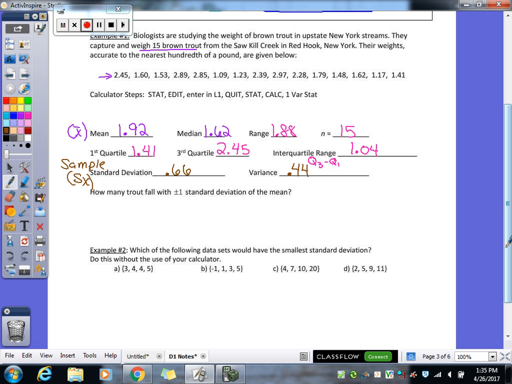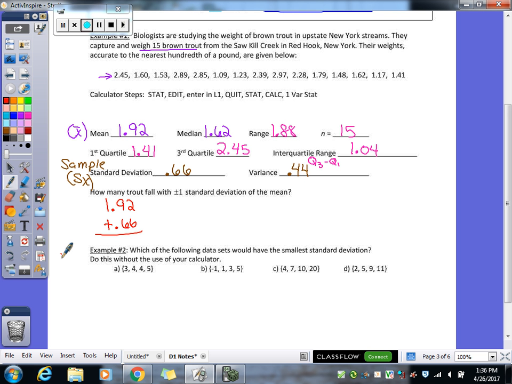So now they want to know how many trout fall within 1 plus or minus standard deviation from the mean. So the way we figure that out is we have to take our mean and we're going to add 1 standard deviation to it to see what the weight would be at that point.